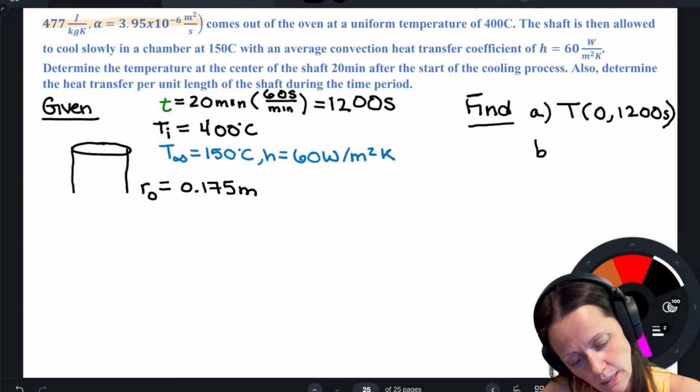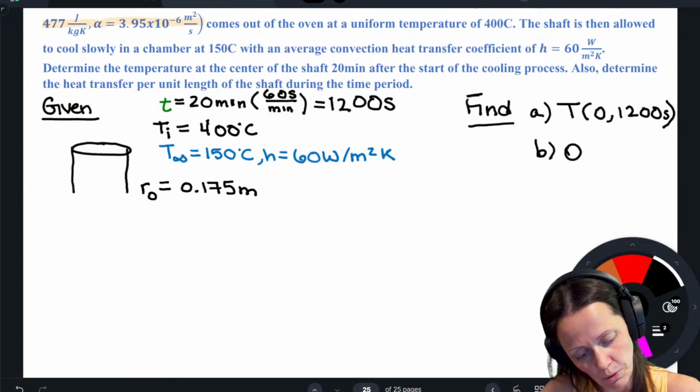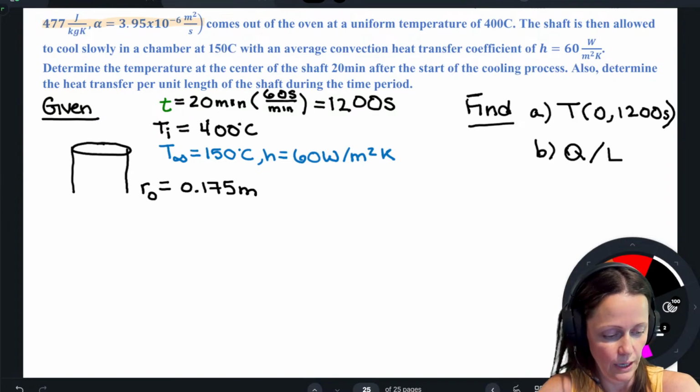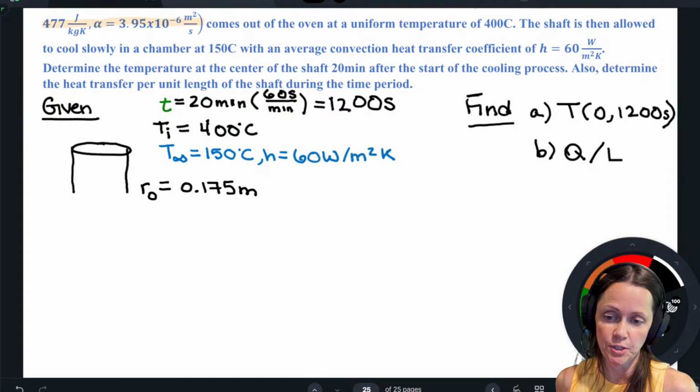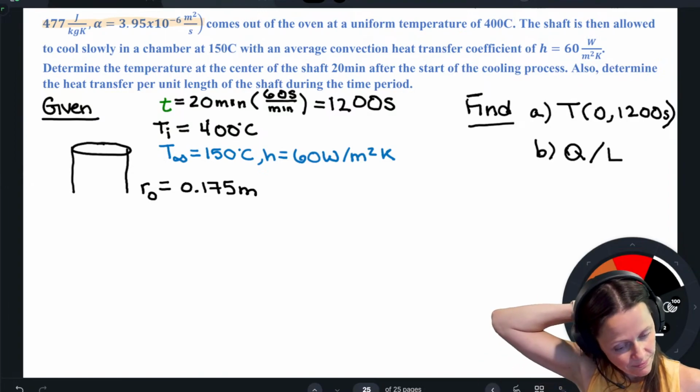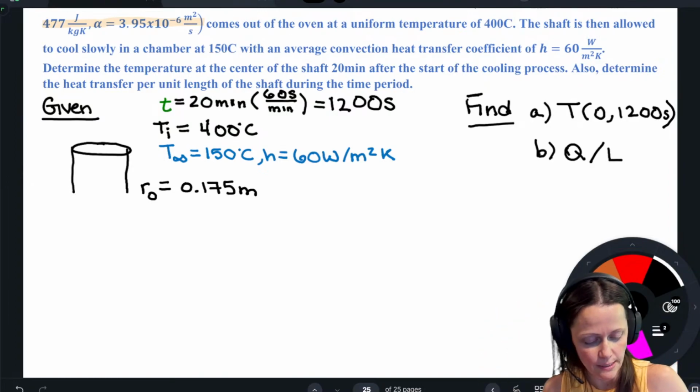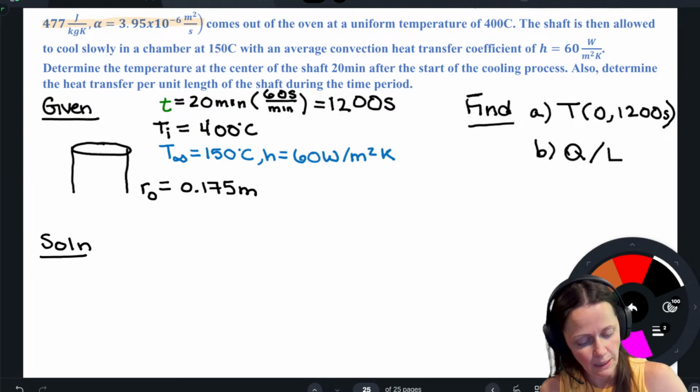For B, I'm looking for the heat transfer per unit length, Q over L. I'm going to assume one-dimensional heat transfer, and if my Biot number ends up being less than 0.1, then so be it. So I do need to calculate that Biot number.